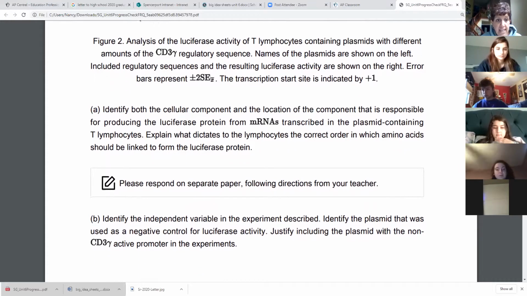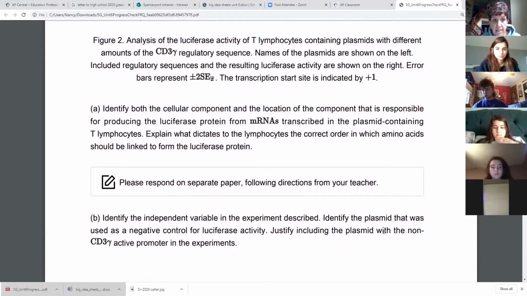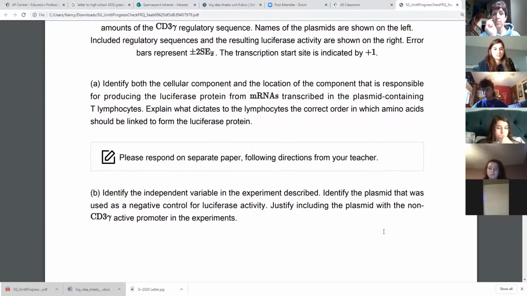And then the next thing says, explain what dictates to the lymphocytes the correct order in which amino acids should be linked. What gives it the order? The mRNA. Yes. The bases in the mRNA, like the order of the A's, T's, C's, and G's will determine, oh sorry, no T's.